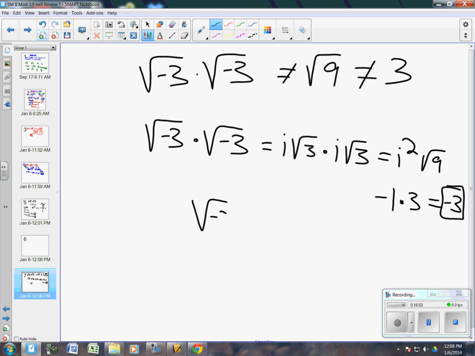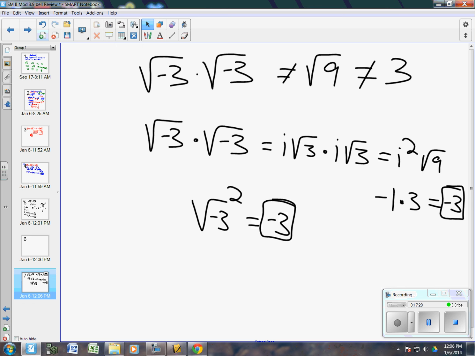Look at this. Think of it this way: square root of negative 3 times the square root of negative 3 is the same thing as the square root of negative 3, squared, right? And the square and the square root undo each other, and so you get negative 3. I have to show you the order of operations. But if you do it the top way, you'll get it wrong.